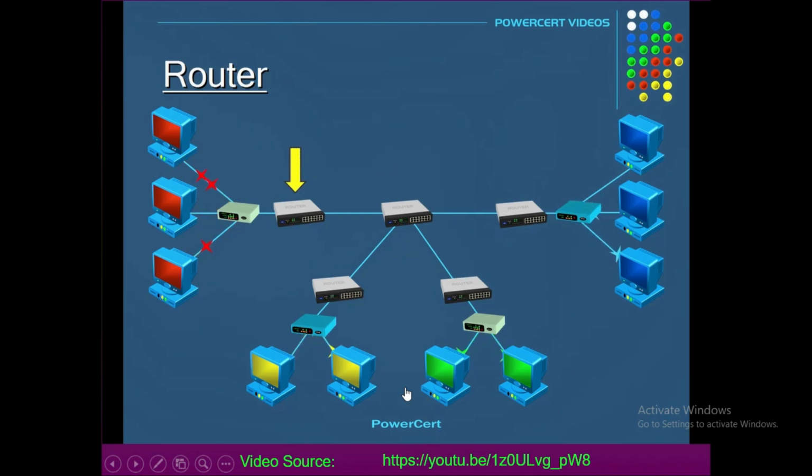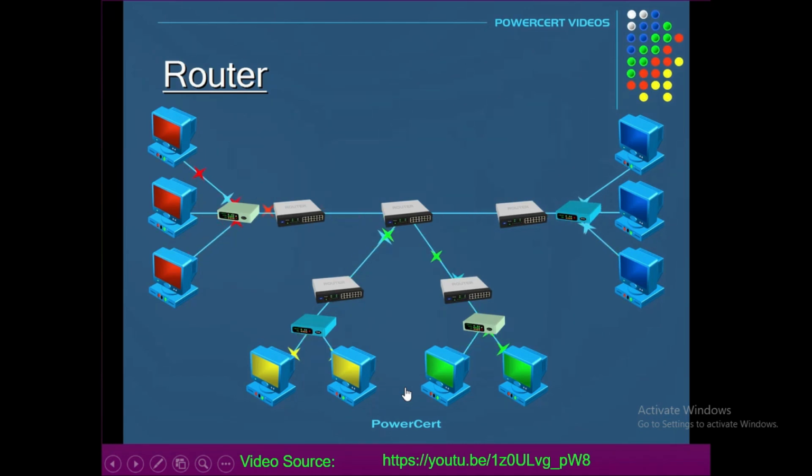And once the data packet reaches the router, it will look at the IP address of the data packet and then forward the data out on the internet to the next router, and then make its way to the blue network's router, and then to the intended destination computer. So in a nutshell, this is how routers work.